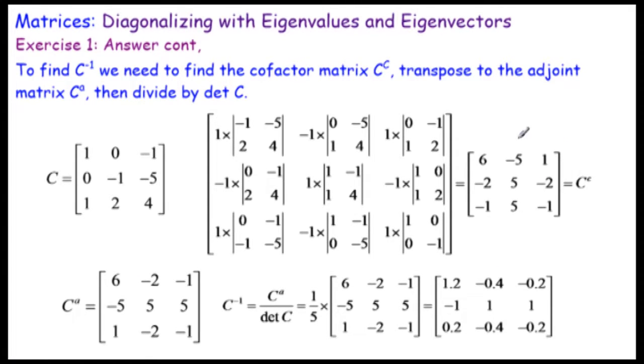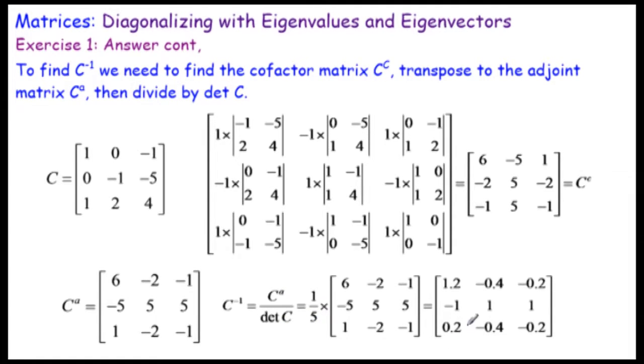So this is our cofactor matrix. We write this column as this row, or if you like, this row as that column. So we transpose the rows and columns basically, to get the adjoint matrix C to the power A. And then we divide the adjoint by the determinant of C, which we worked out earlier was 5.